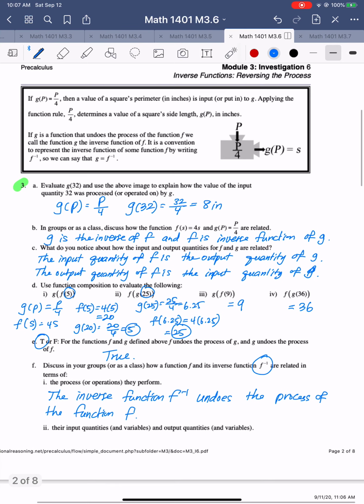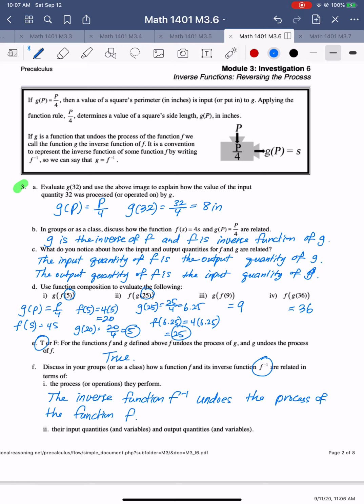And then their input quantity and output quantities. So I said already, right? The input quantity of the function is going to be the output quantity of the inverse function, and then the output quantity of the function is going to be the input quantity of the inverse function, okay?